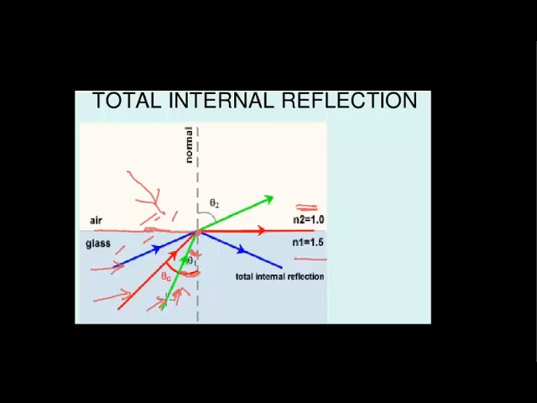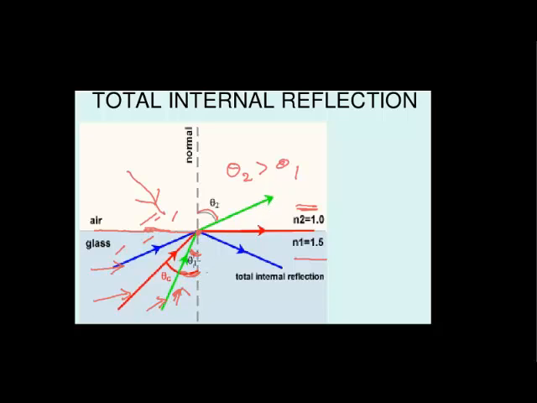When a light ray enters from one medium to another, it bends, it changes its path, and when going from denser to rarer medium, it will bend away from the normal. So here we can see theta 2 is the angle of refraction, and theta 2 is greater than theta 1 because of the condition of refraction.